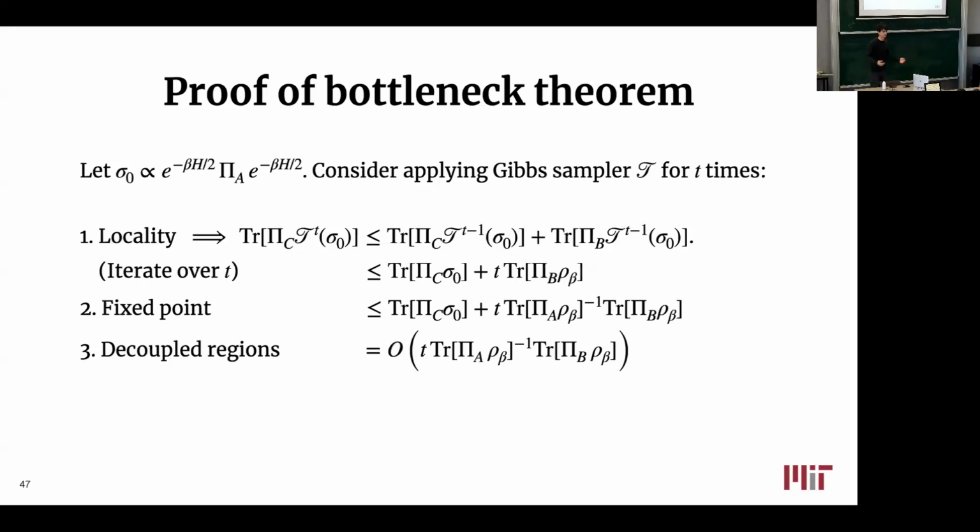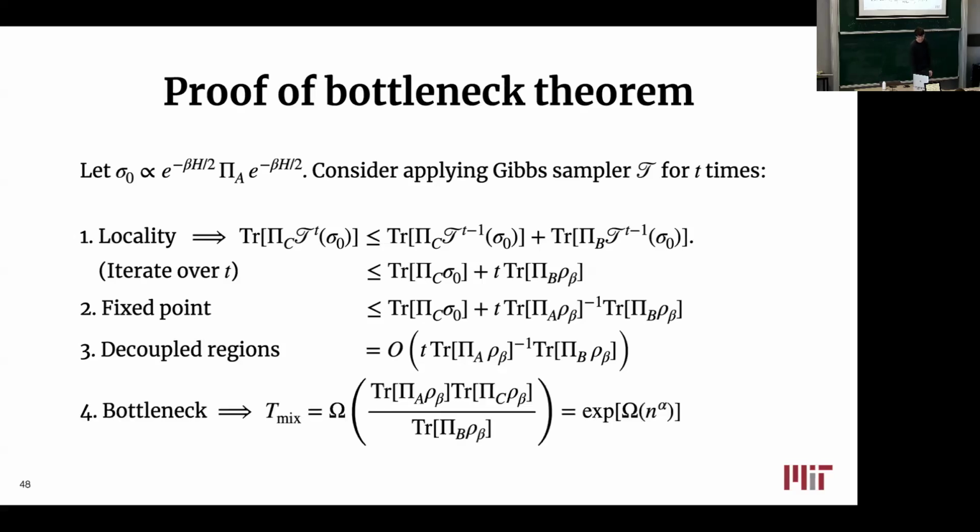And you have this statement that your quantity is ordered this way. Then you apply finally the bottleneck, and your sizes of A and C were constant. The size of B was super polynomially small. You get a lower bound on your mixing time.